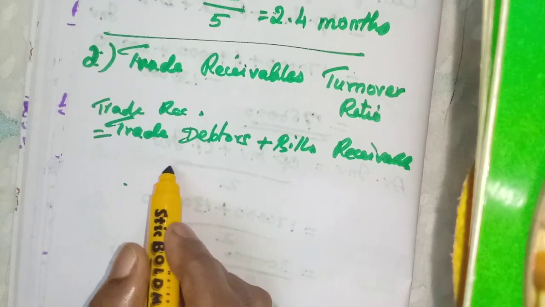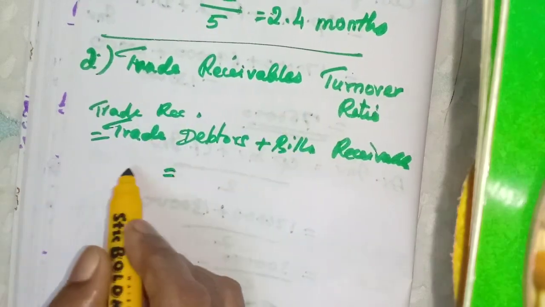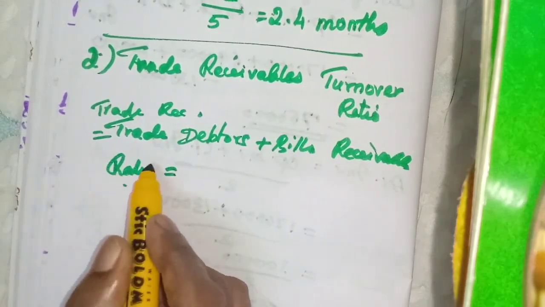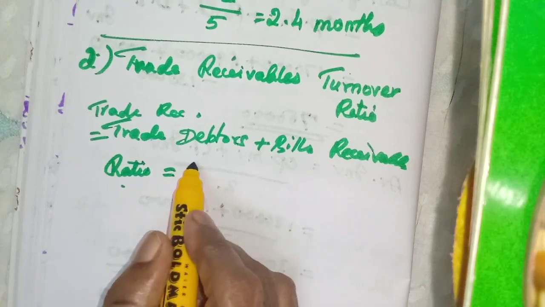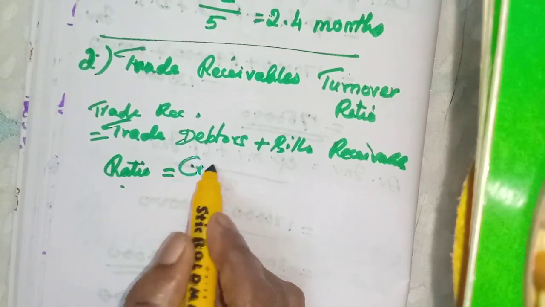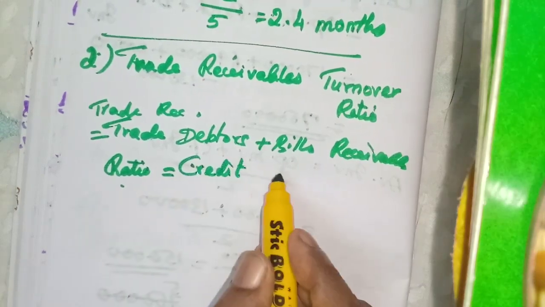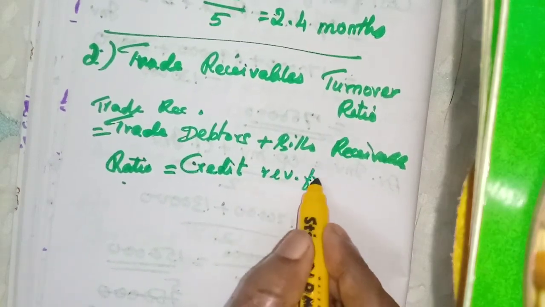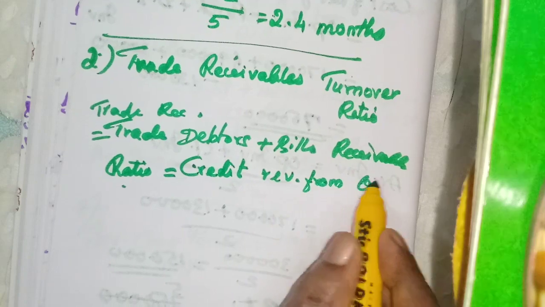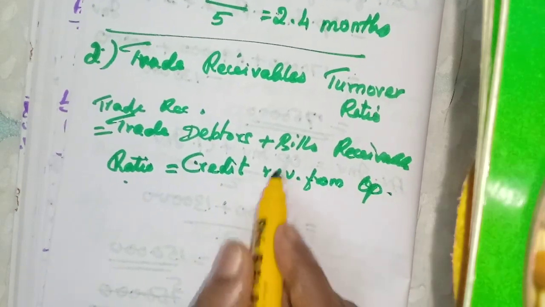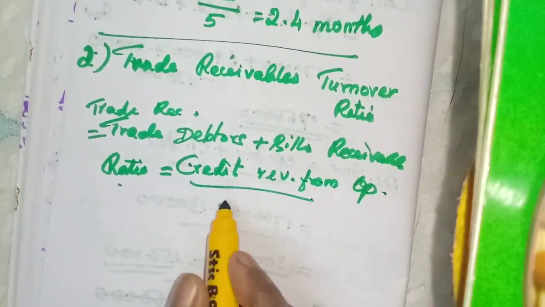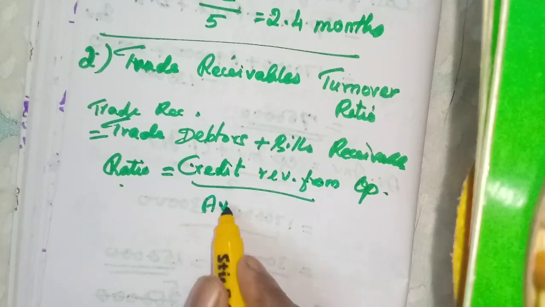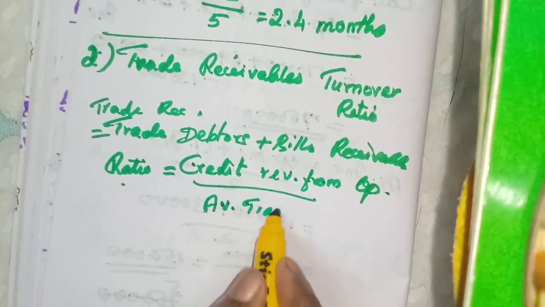So the formula: trade receivables turnover ratio is equal to credit revenue from operation. Revenue from operation means sales, you may not confuse, so credit sales divided by average trade receivables.